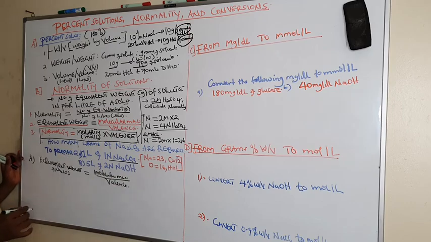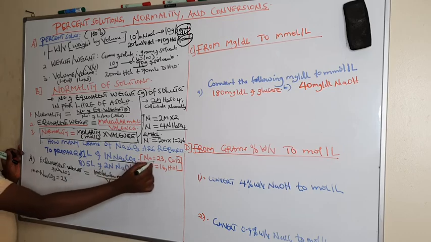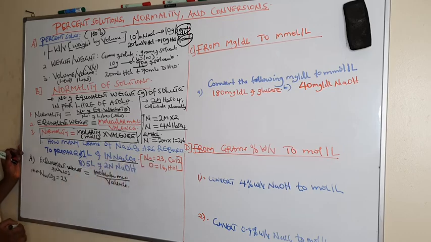And to get the molecular mass of sodium carbonate, we are given that the atomic mass of sodium is 23, but sodium are 2, you multiply by 2, then you get the sum of carbon.